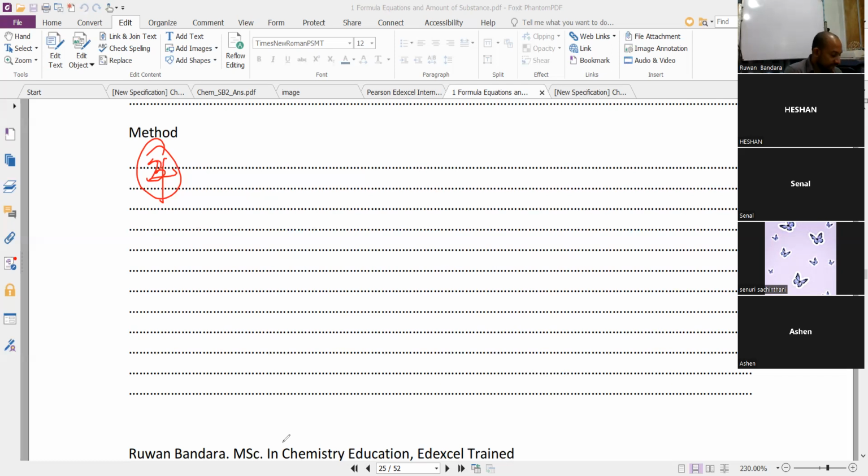Then number 5. Place a funnel in the neck of the volumetric flask, and pour the solution from the beaker into the flask.